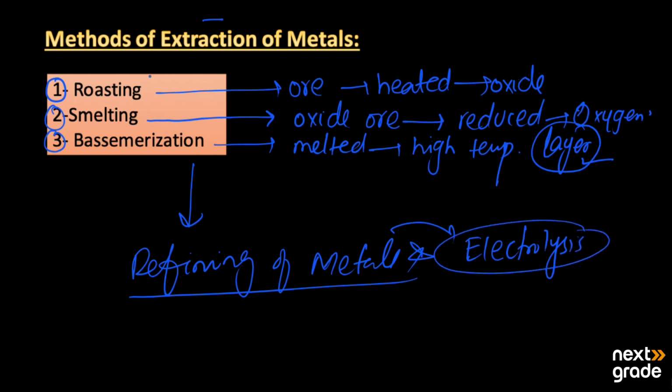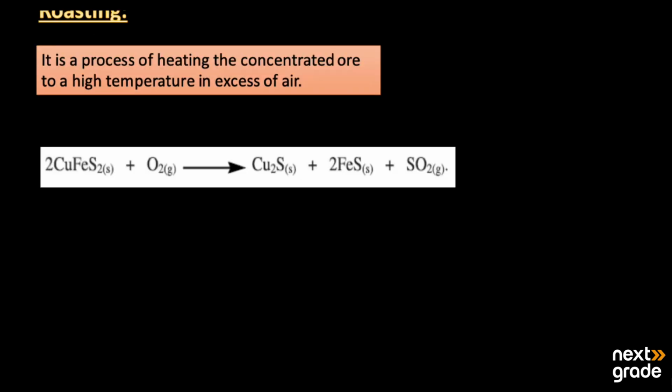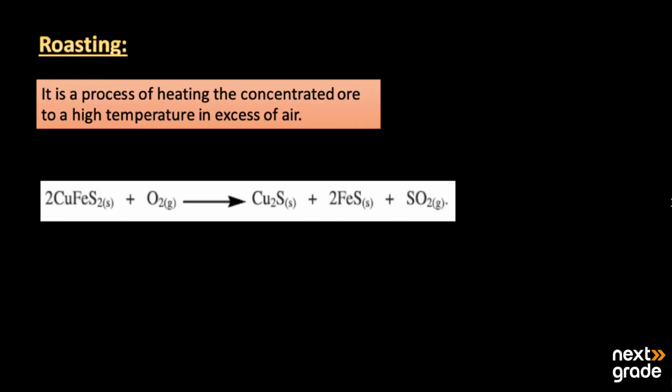So let's discuss the first method, which is known as the roasting of the ore. Roasting is a process of heating the concentrated ore to a high temperature in excess of air.